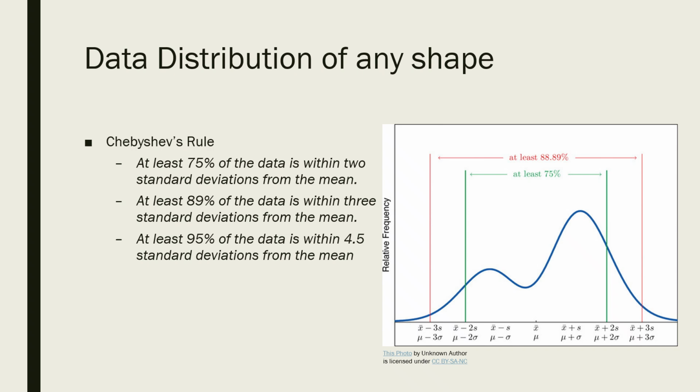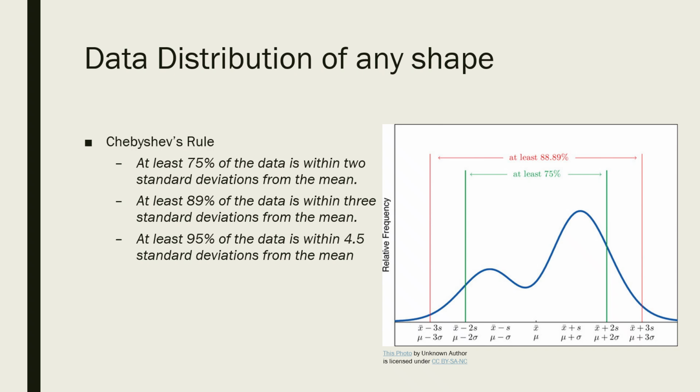Remember, these have the words at least in front of them. At least means that value or more. So we may get more data within fewer standard deviations than is listed by this rule, but these rules hold for any distribution.